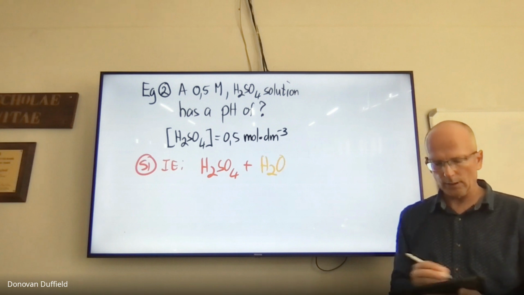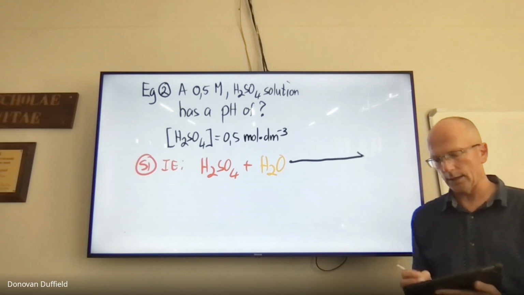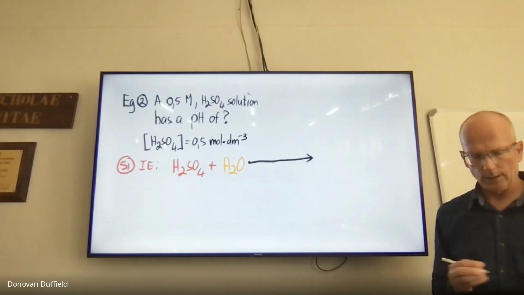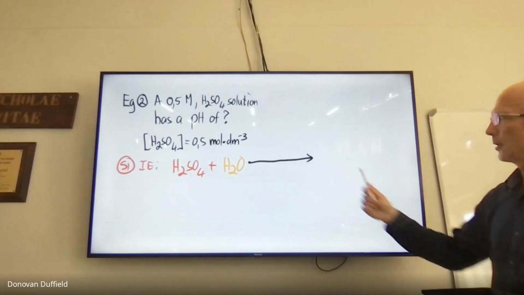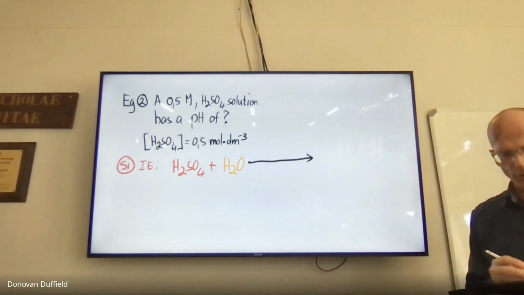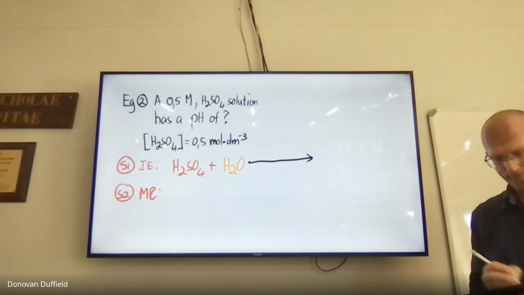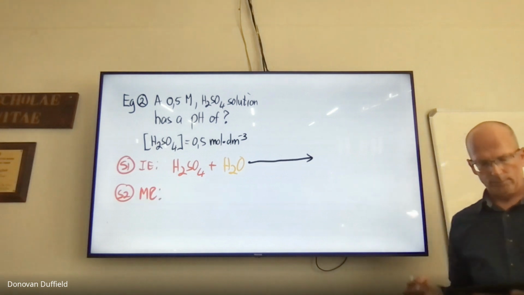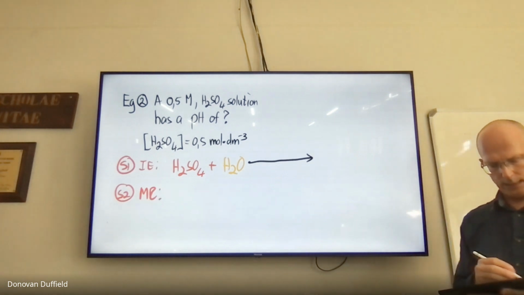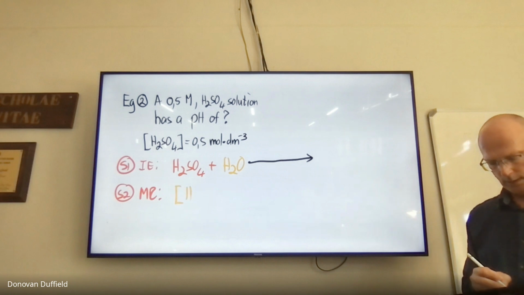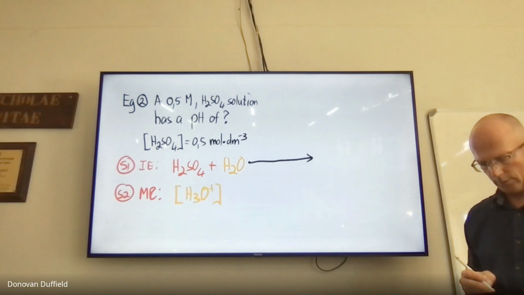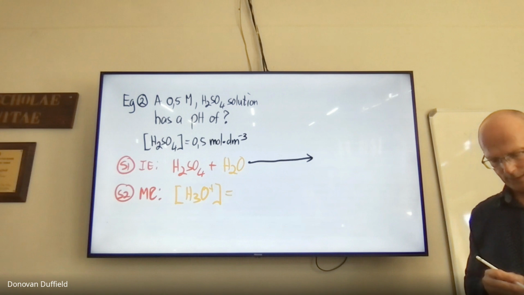And I will tell you that we can assume full ionization, all right? You need to have this. Then step number 2, you need to work with the molar ratio so that you can get the hydronium ion concentration.